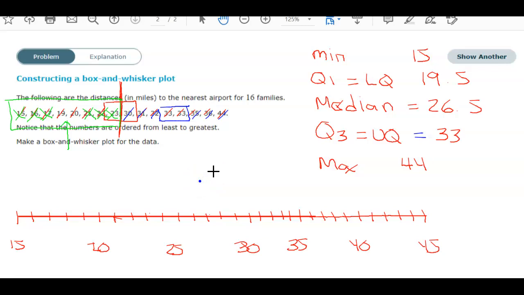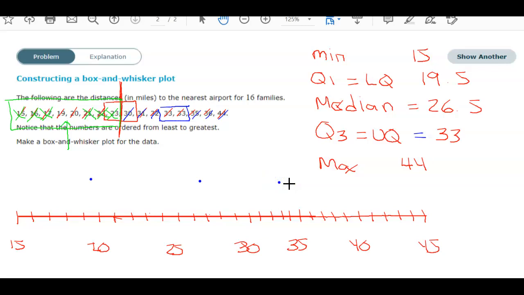We're going to do the lower quartile, and the lower quartile is going to be 19.5, right about there. And then the upper quartile is 33, so 31, 32, 33.